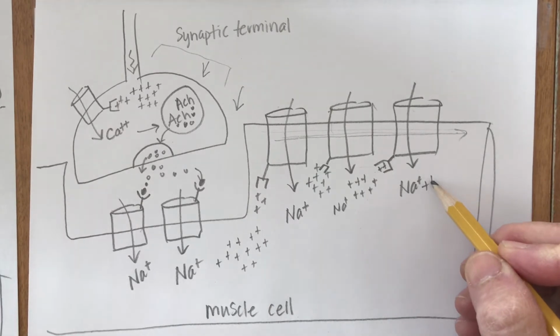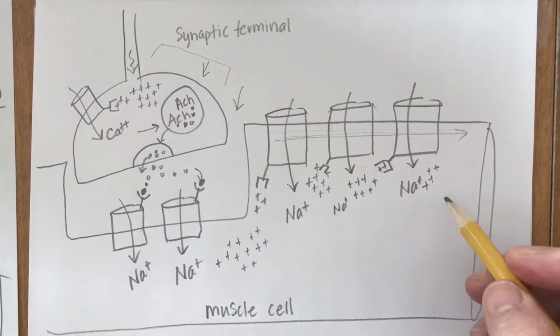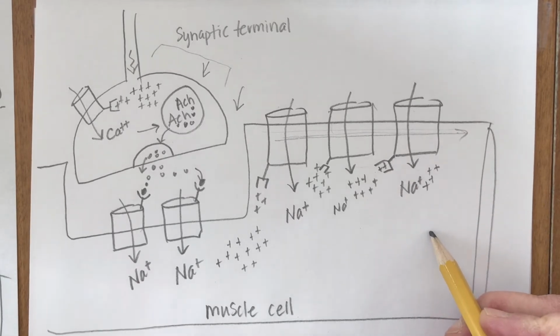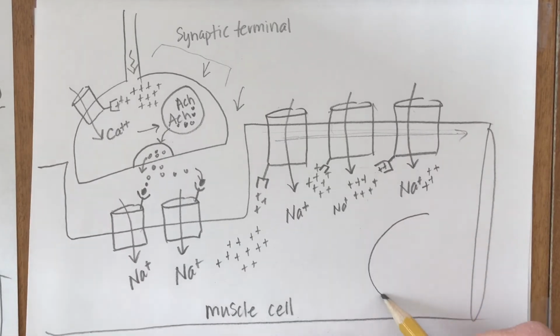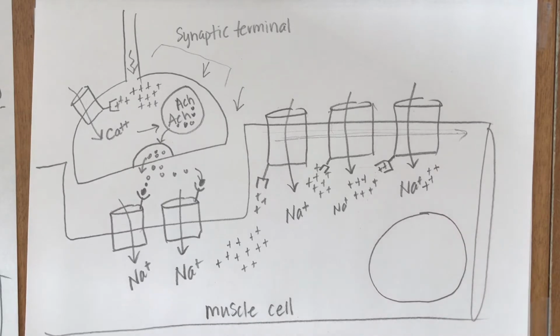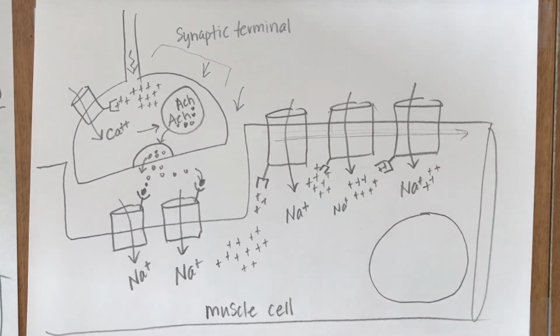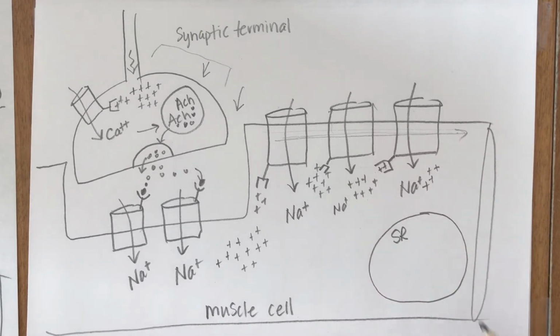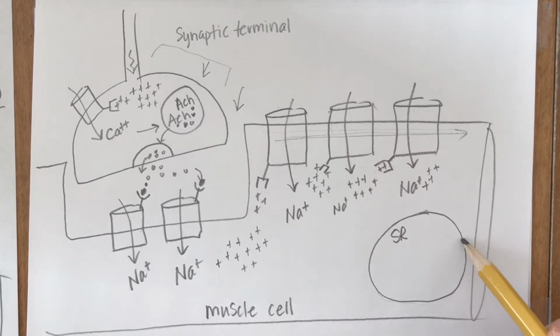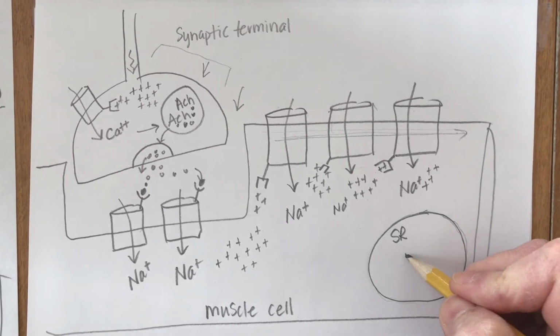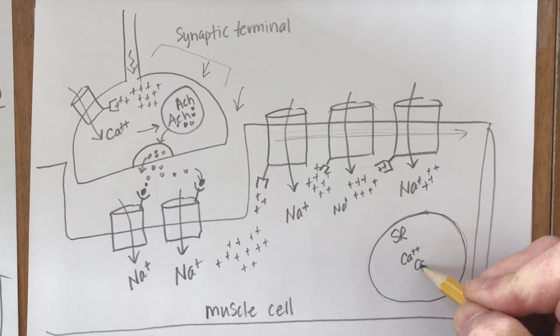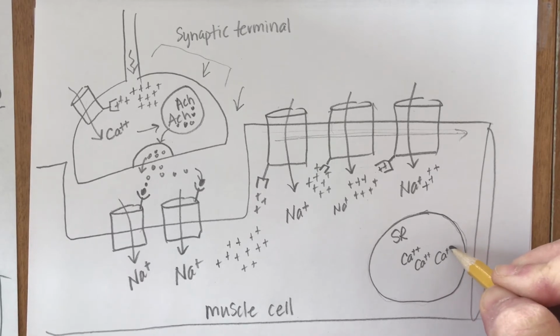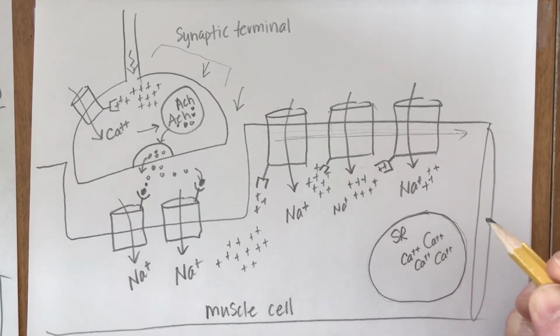So this positive influx of charge has an effect on something called the sarcoplasmic reticulum, or SR. Sarcoplasmic reticulum is like a membrane-bound vesicle, it's a membrane-bound organelle that contains high concentrations of calcium.